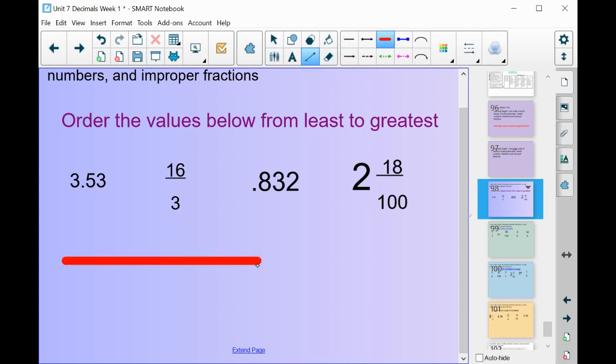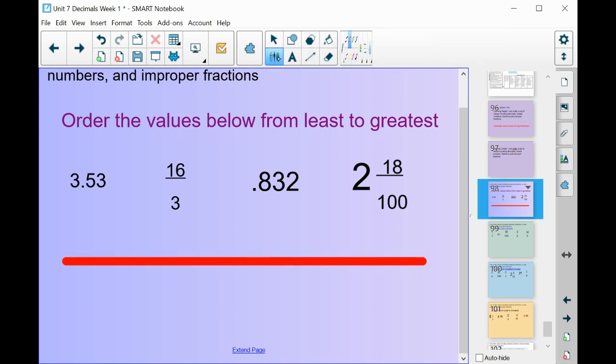And I'm going to put on here an L for least and a G for greatest. You could also think teeny tiny, super big, really, really small, gigantic, any synonyms you can think about for least to greatest.